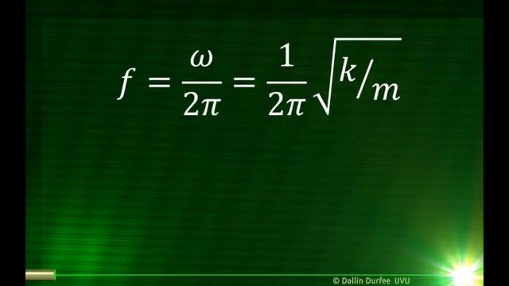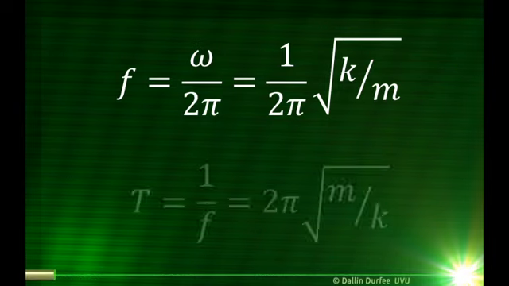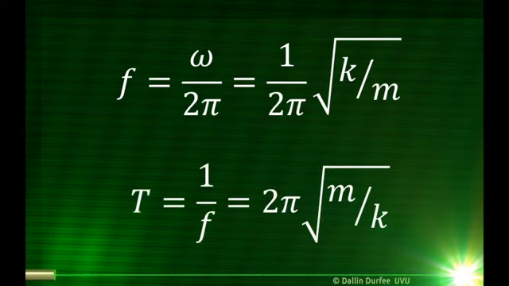If I take 2 pi times the frequency, I get the angular frequency. So if I want to get the frequency, I just take the angular frequency divided by 2 pi, going from radians per second to cycles per second. Since omega is the square root of k over m, the frequency of oscillation, the number of cycles per second, is 1 over 2 pi times the square root of k over m. And 1 over the frequency is the period. So the period is just 2 pi times the square root of m over k.